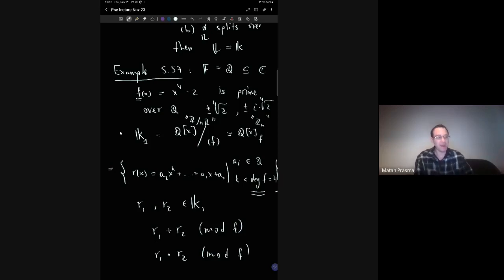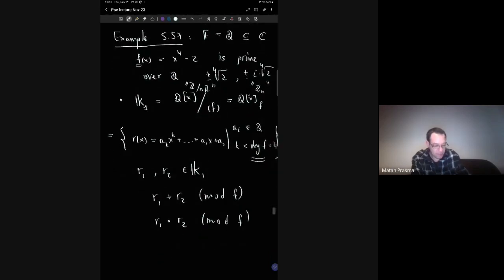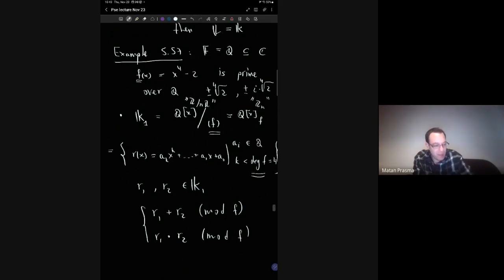It's like in integers. If I do 3 modulo 5, it's still 3. But for multiplication, you do need to do modulo F. And these operations, what we showed, that because F is prime, and this is kind of analogous to, if you take integers modulo a prime, you suddenly get a field.